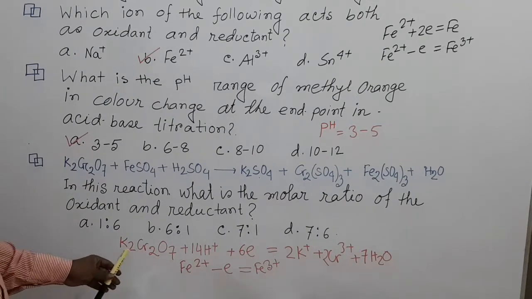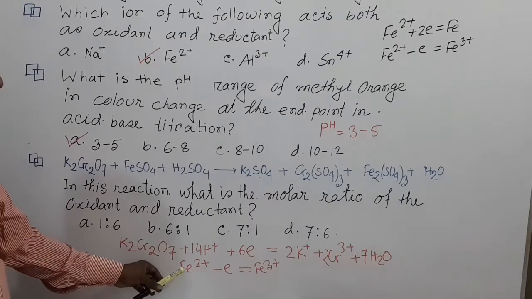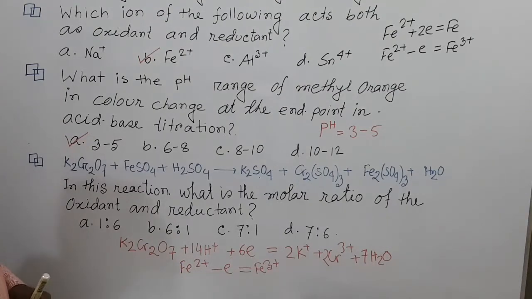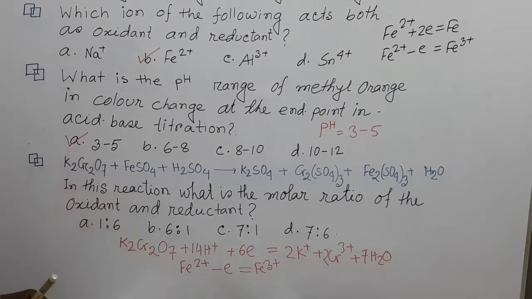So, potassium dichromate is an oxidant and iron 2 plus, that means ferrous sulfate, is a reductant. So, the ratio of oxidant and reductant is 1:6.